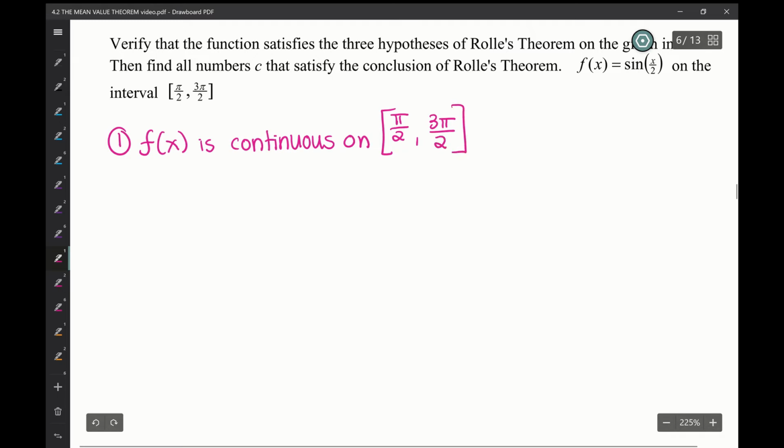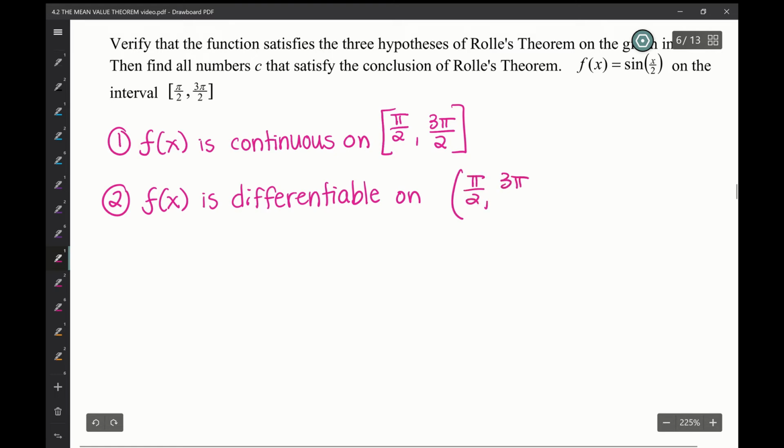We also have to verify that f of x is differentiable on the open interval from pi over 2 to 3 pi over 2. And finally, we must verify that f of pi over 2 is equal to f of 3 pi over 2.